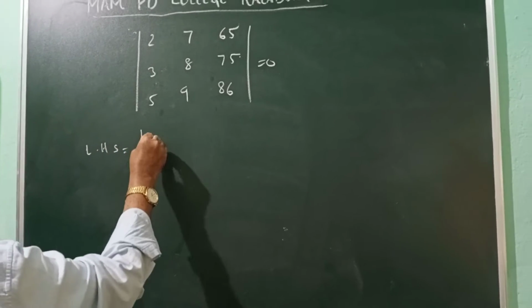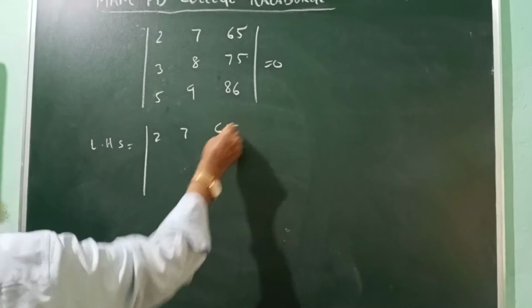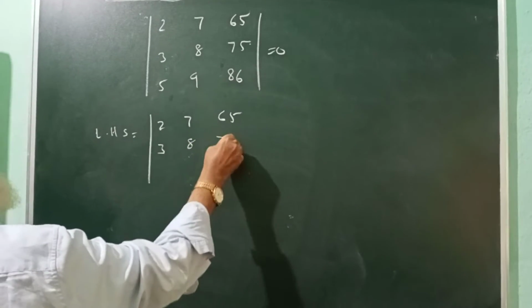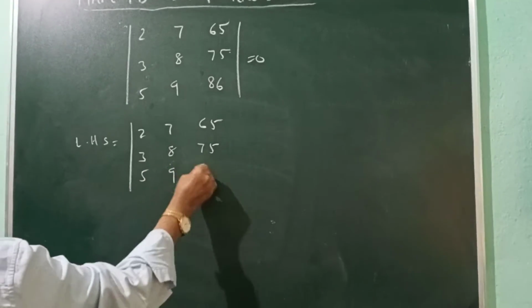Here it is 2, 7, 65, 3, 8, 75, 5, 9, 86.